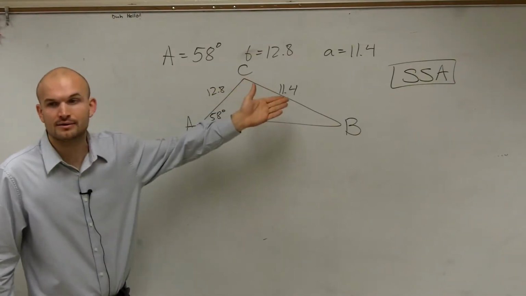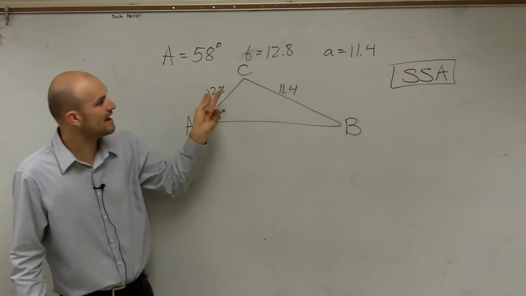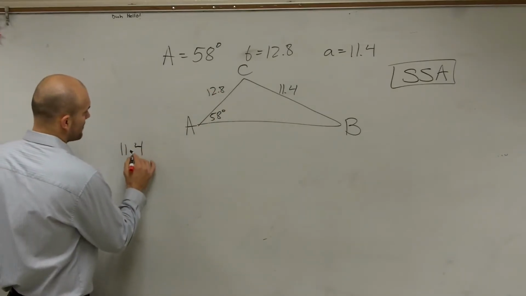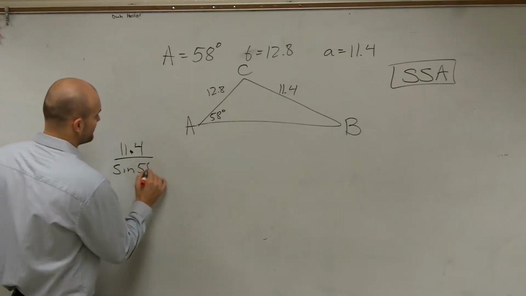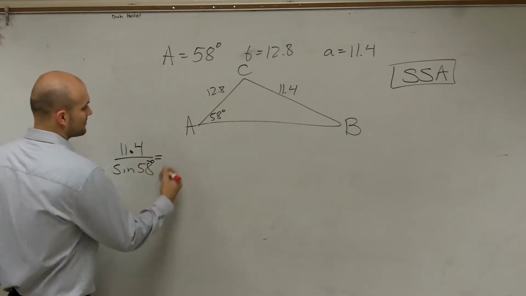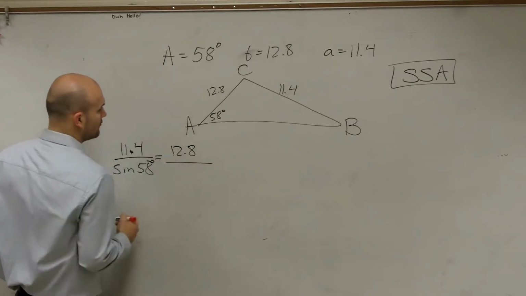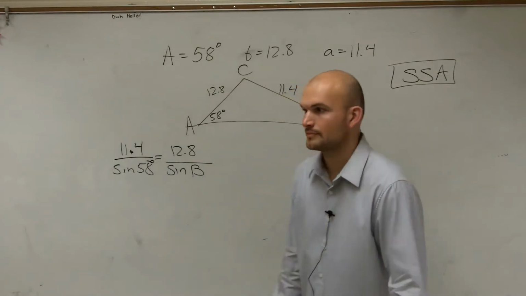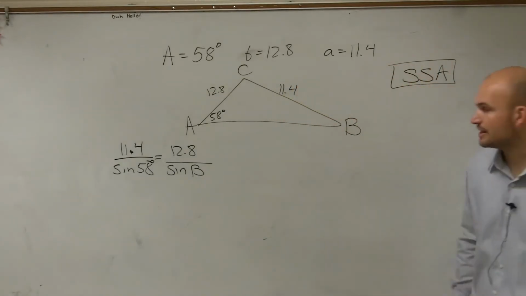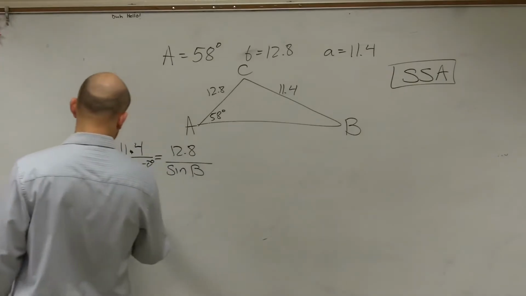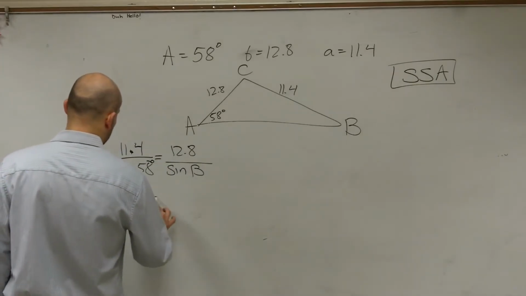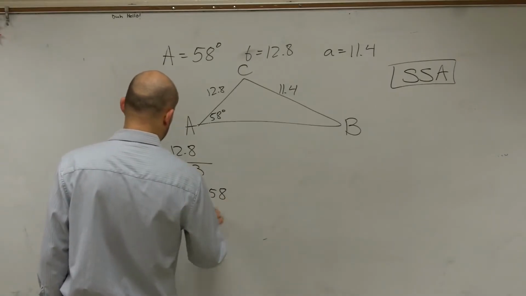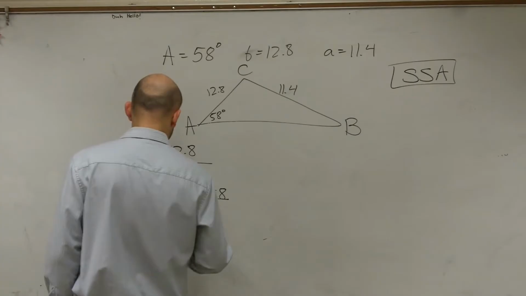So we have a ratio, right? We have a over sine A, and we have a side length b. So let's create the law of sines. So we have 11.4 over the sine of 58 degrees equals 12.8 over the sine of B. So we do our same thing. We do our cross multiplication. And we could say that sine of B is equal to 12.8 times the sine of 58 degrees all over 11.4.